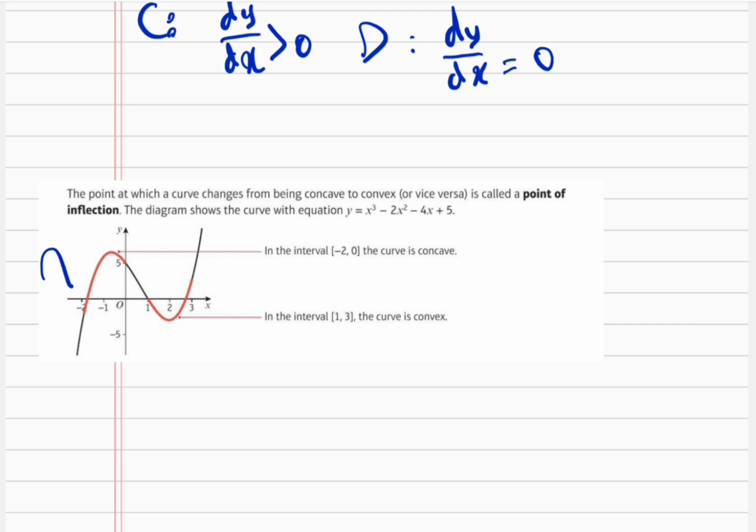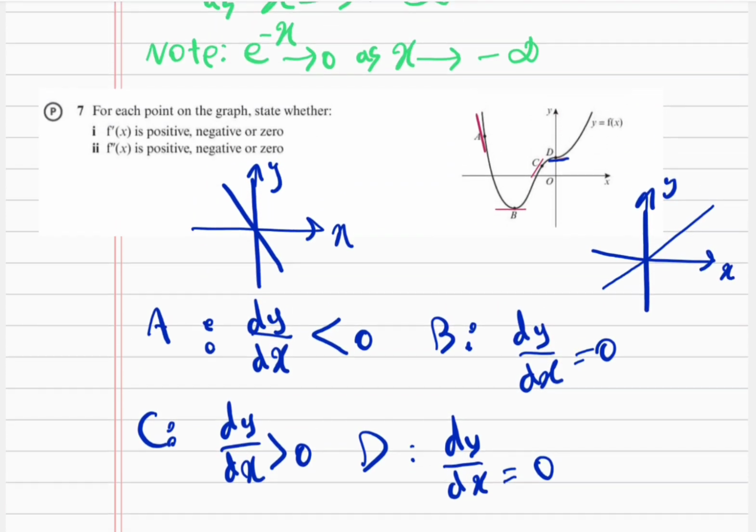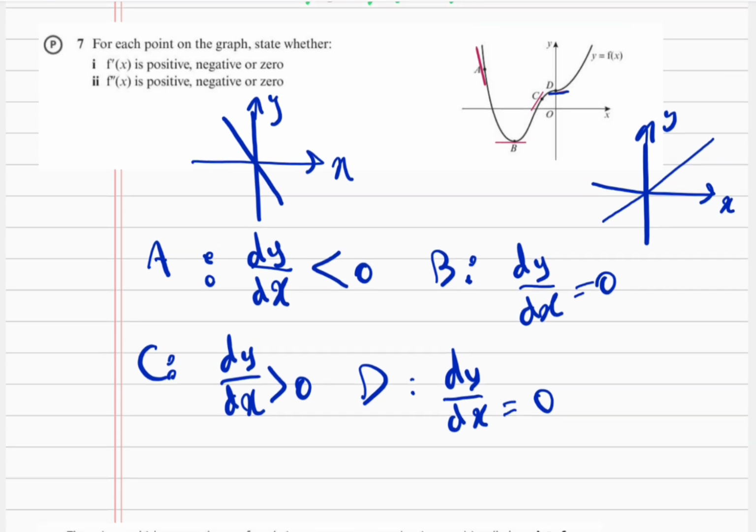Any variation of that shows concavity. And for being convex, you have this U shape. Again, any variation of that implies the same thing. This is crucial to solve this question, because that's exactly what we are going to use. So we don't need these tangent lines anymore.